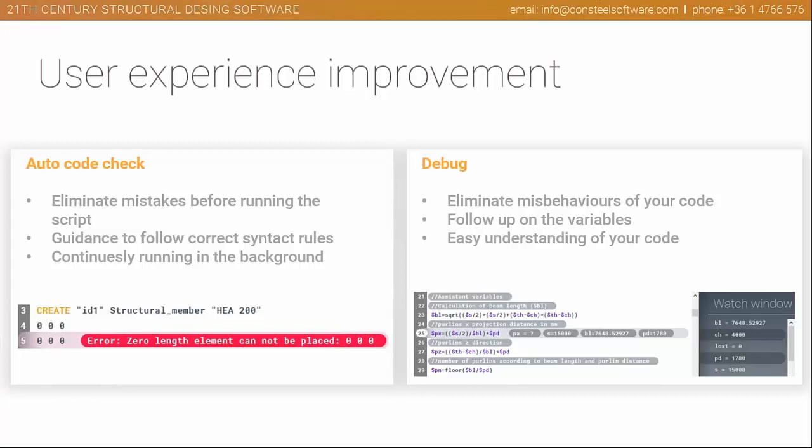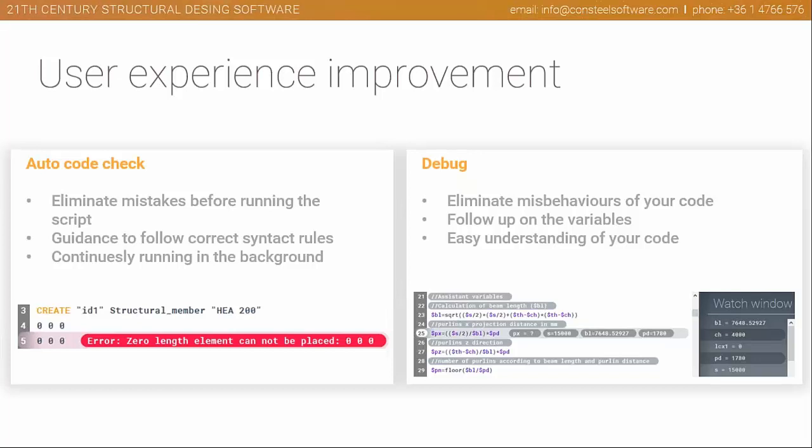So there were some improvements in the user experience in ConSteel 12. Basically, automatic code check was implemented into the software, which is used to eliminate mistakes before running the script. Right when you are typing the script, ConSteel will throw error messages and warnings, so you can avoid mistypings and correctly follow the syntax rules of the programming interface.